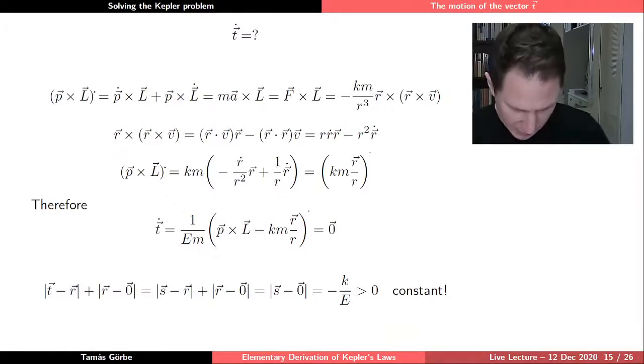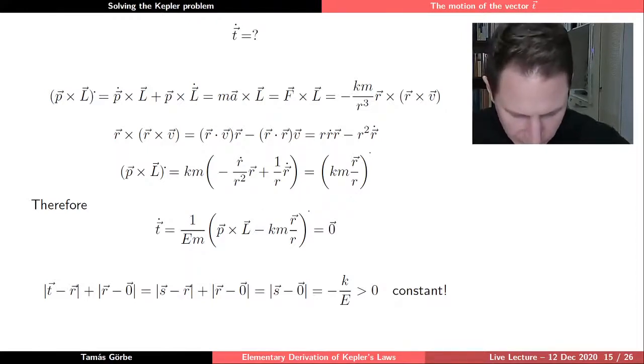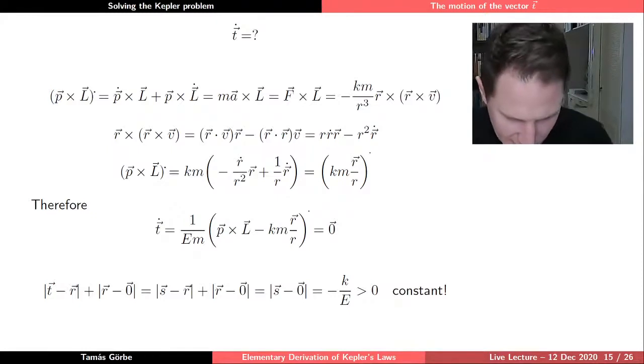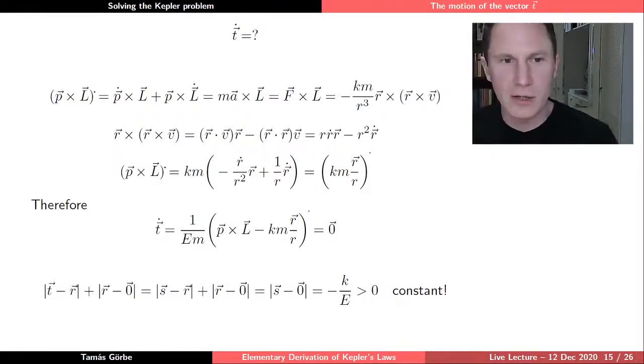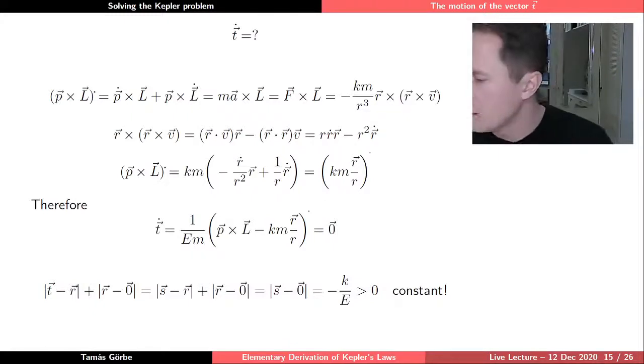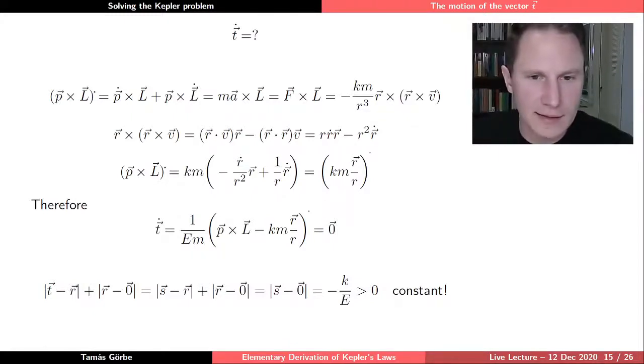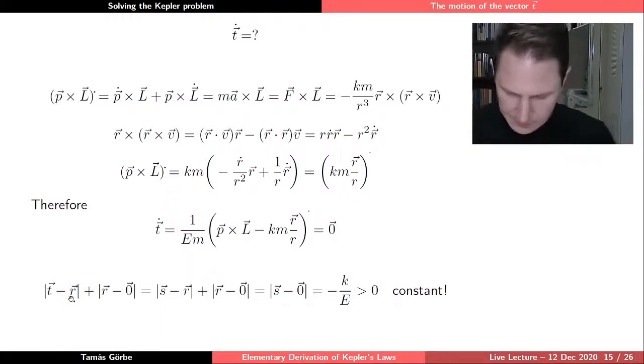So I hope that was possible to follow. It was a bit involved, probably the hardest calculation of this presentation. But now I can tell you that this vector little t is conserved.